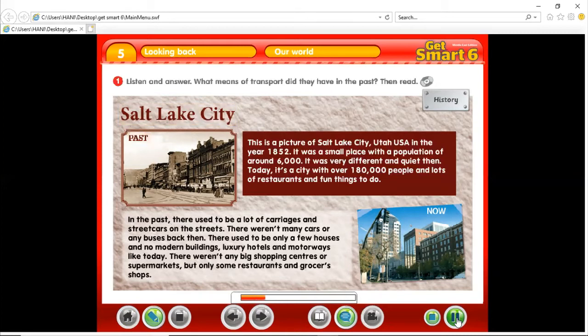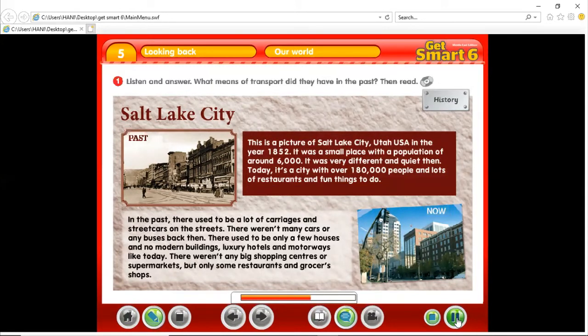Past. This is a picture of Salt Lake City, Utah, USA, in the year 1852. It was a small place with a population of around 6,000. It was very different and quiet then. Today, it's a city with over 180,000 people and lots of restaurants and fun things to do.